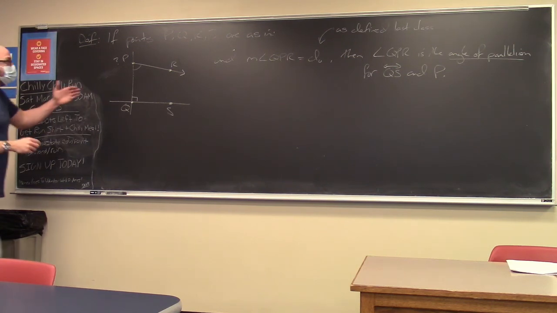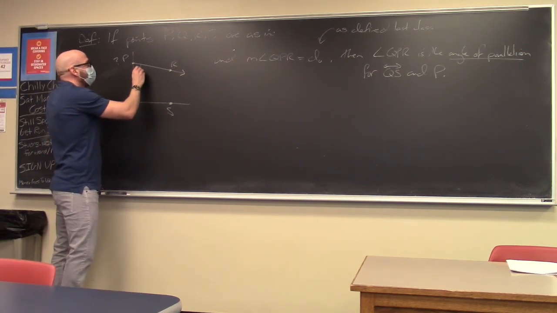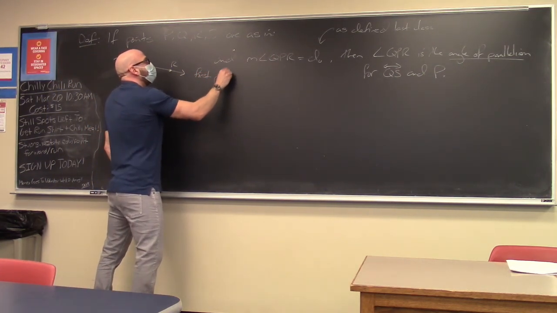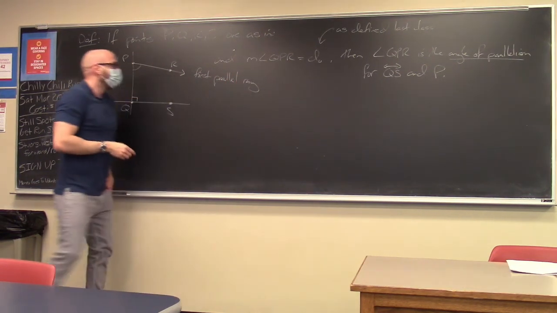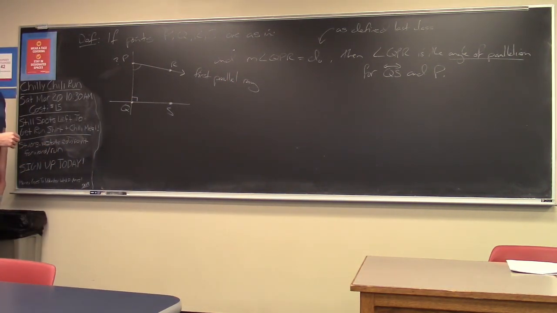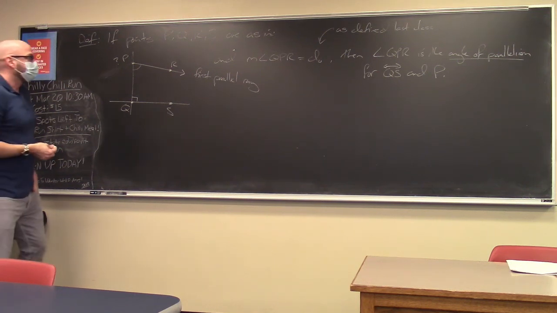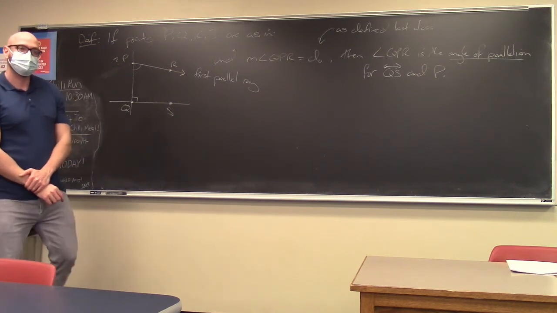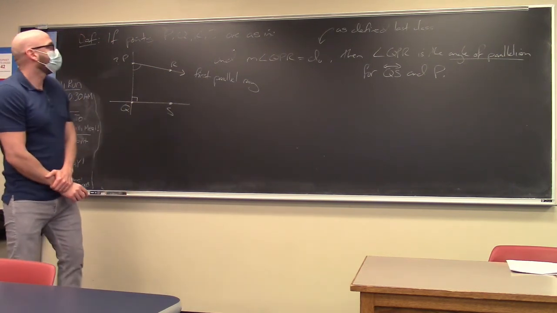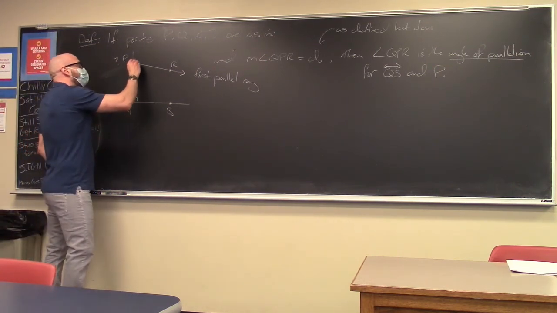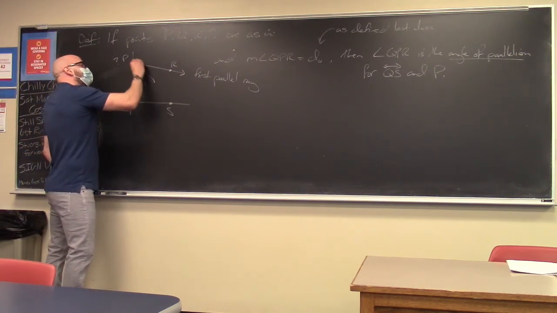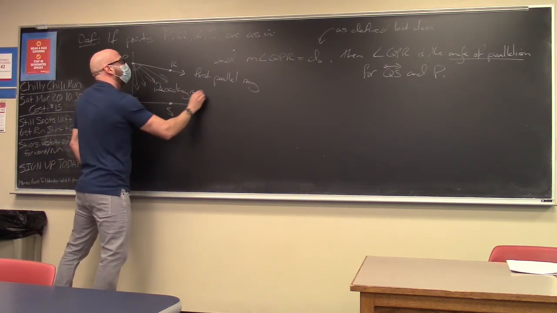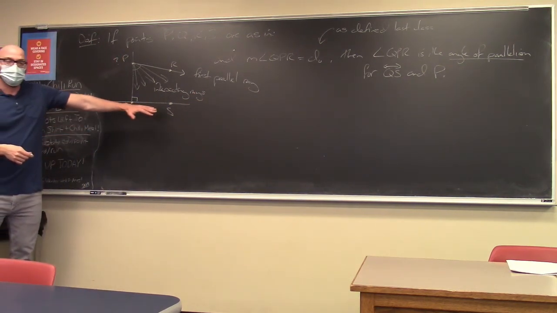But I just want to remind you once again that this is the first parallel ray. That's how you should be thinking of the angle of parallelism. It gives us this separating ray between parallel rays and intersecting rays. Everything in here are intersecting rays, guaranteed to intersect this line QS.